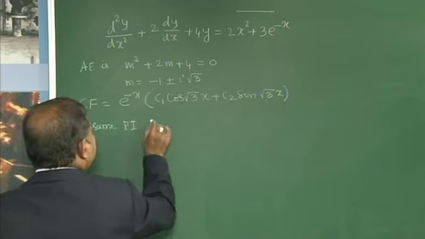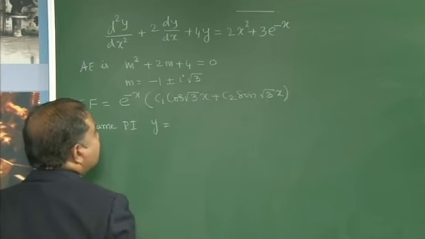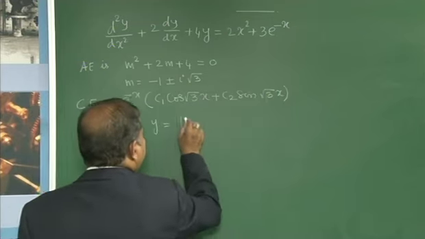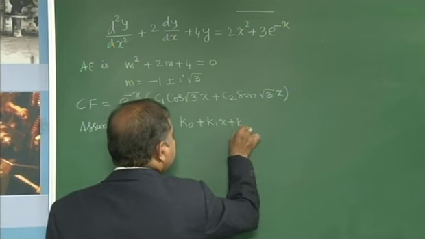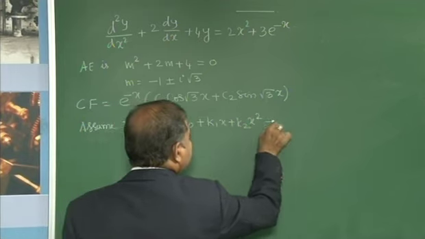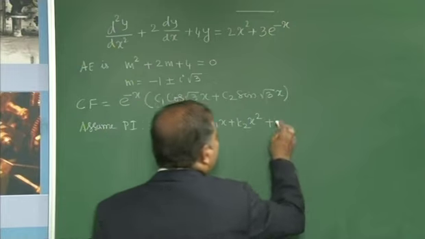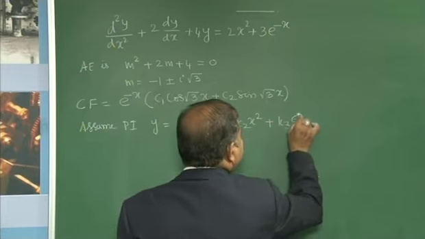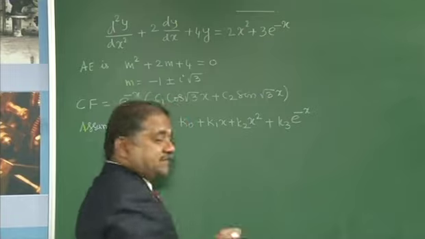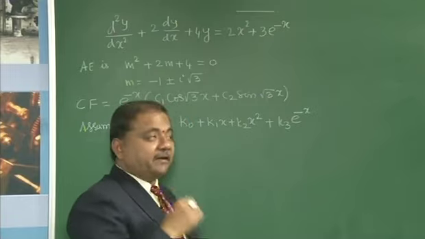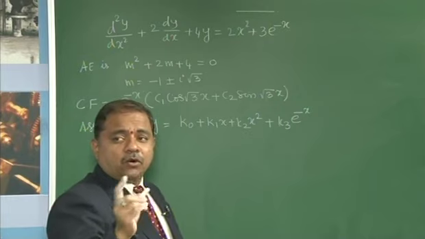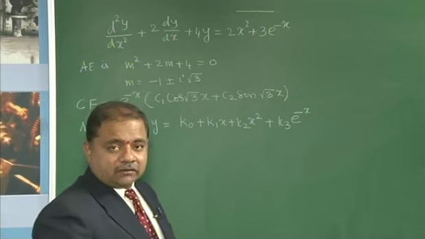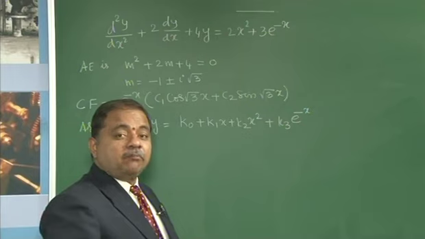Let me take PI as y. For x square, k0, k1x, k2x square, plus for e power minus x, k3 e power minus x. Don't worry about the coefficients; by comparing the coefficients, you will get the result. x square is a polynomial of degree 2, the third one in my table.